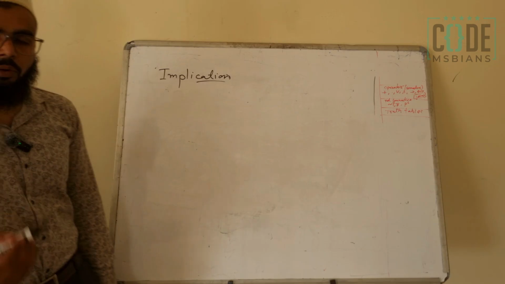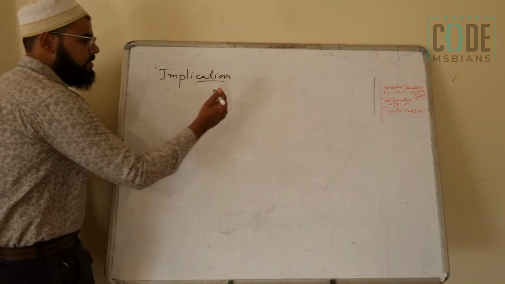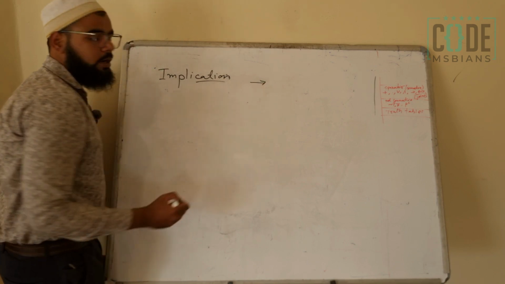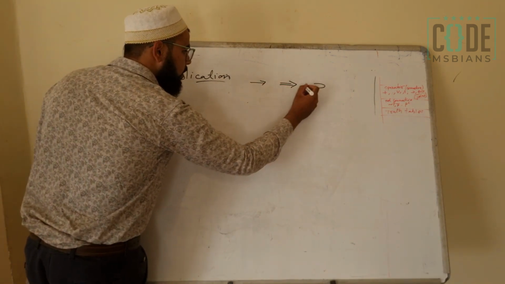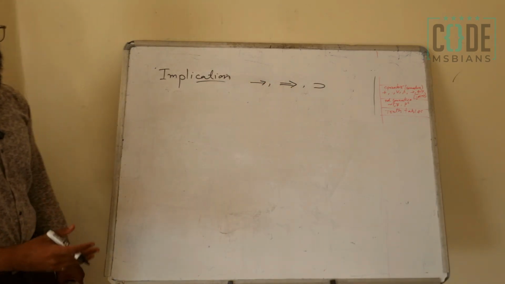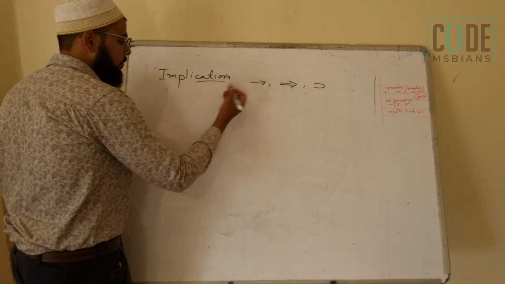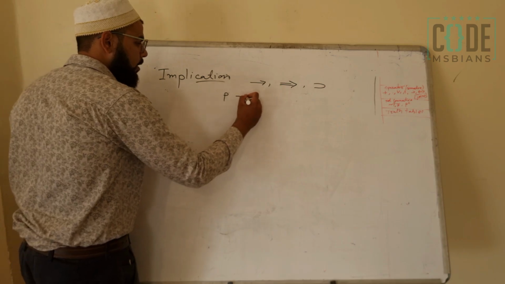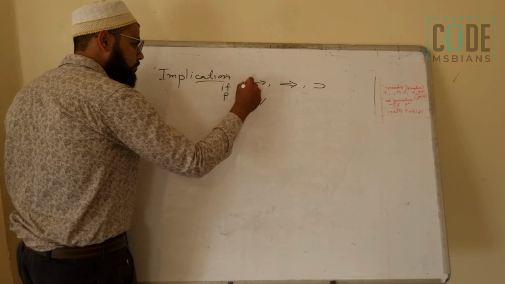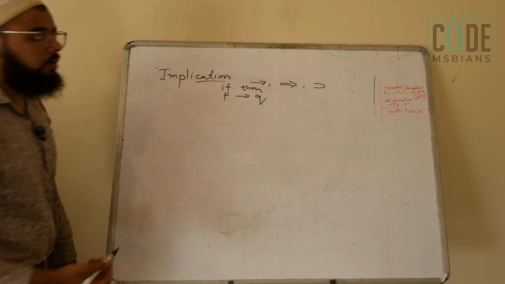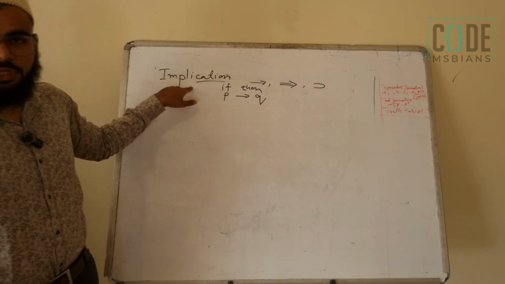In the book they have used multiple symbols to deal with implication. For example, they have used this shorthand notation, then a double line, then this one. So all these symbols are for implication, and it means if then, for example, if P then Q, right?